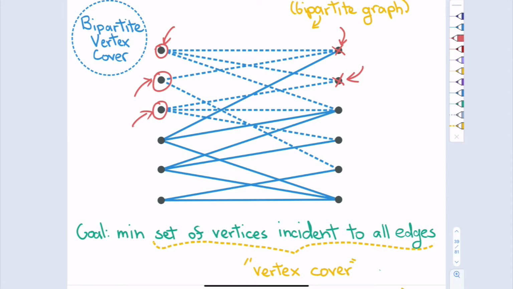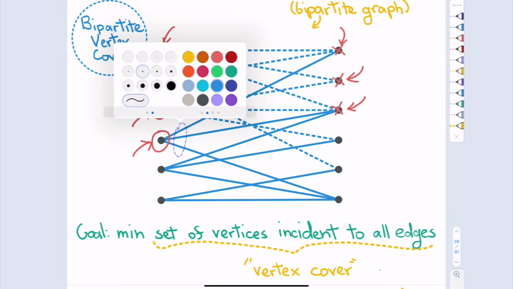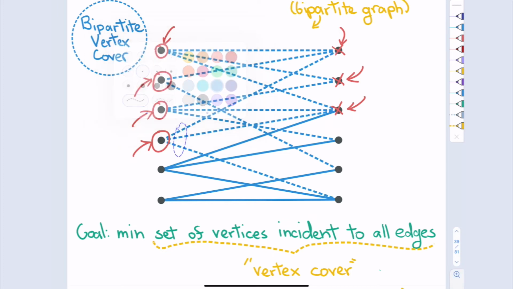Okay. How about this one? No? Okay. All right. How about this one? I guess this one you have to at this point. Okay. All right. How about this one? Mostly no's.